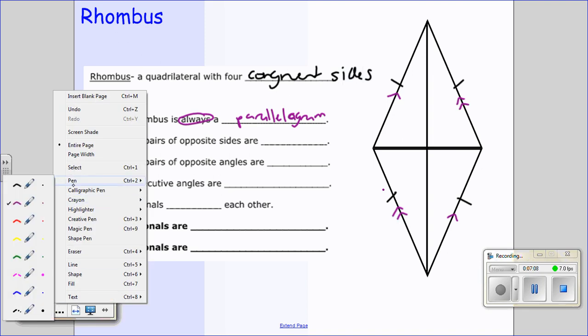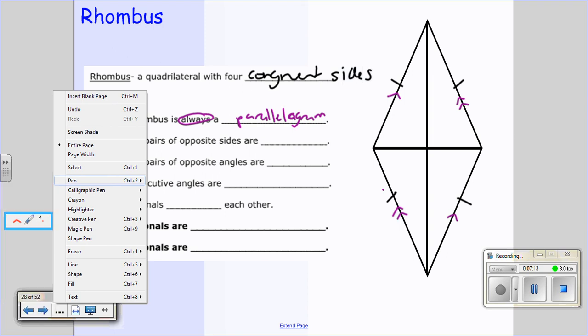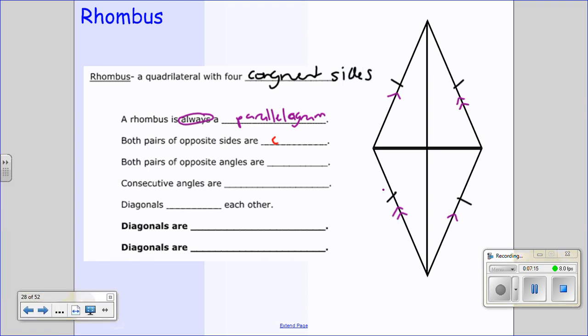Also, opposite sides are congruent, as we've already mentioned and we've already illustrated. Both pairs of opposite angles are congruent.